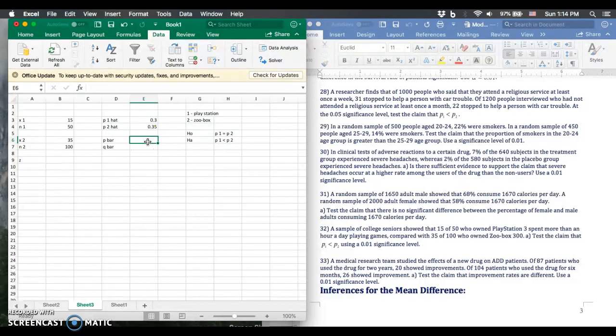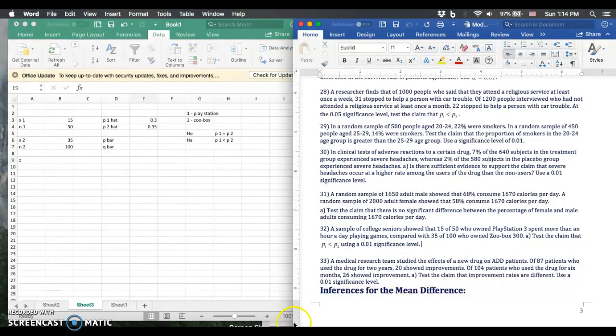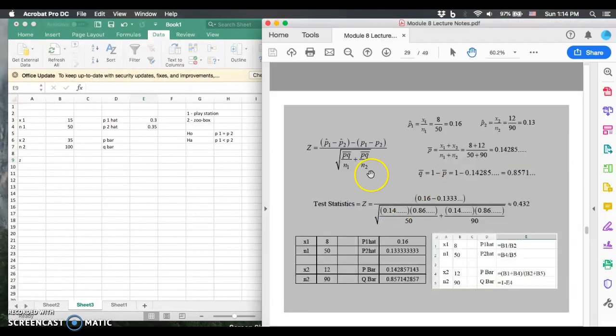Okay. So in order for me to find the z-score, let me just show you the z-score formula. I need to have P1 hat minus P2 hat, minus (P1 minus P2), over the square root of P bar times Q bar over N1 plus P bar times Q bar over N2.